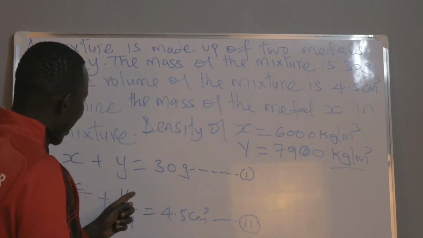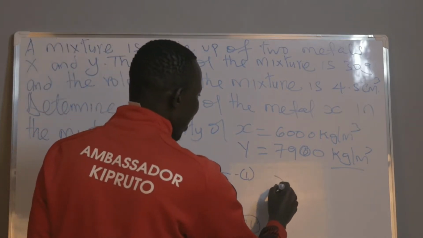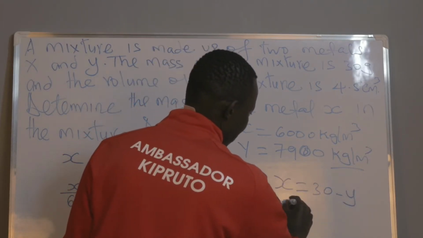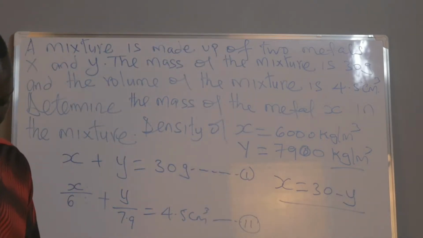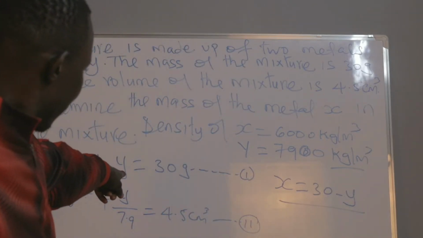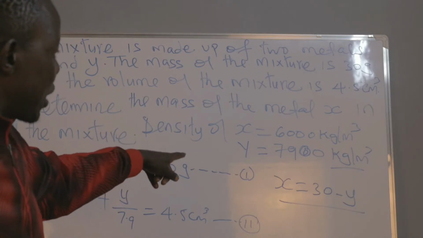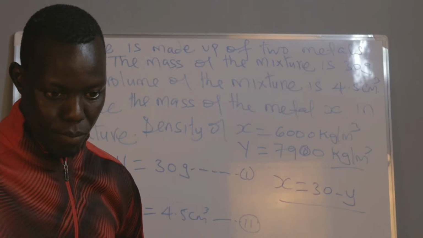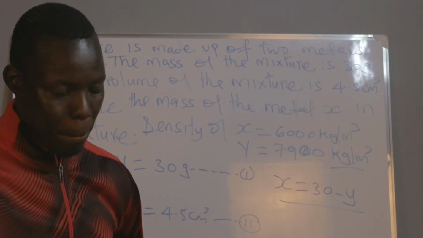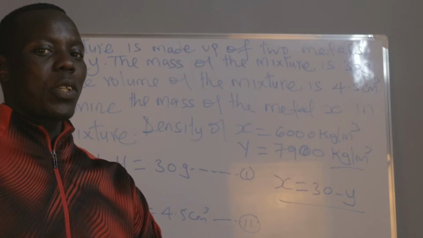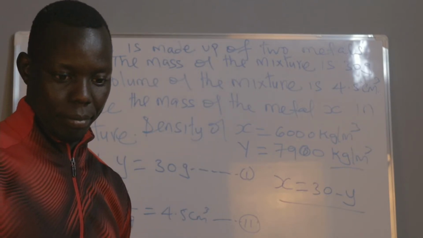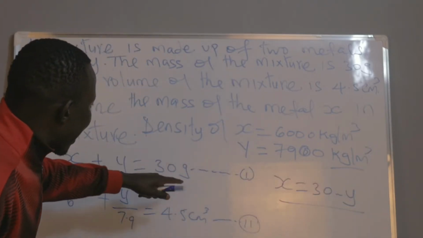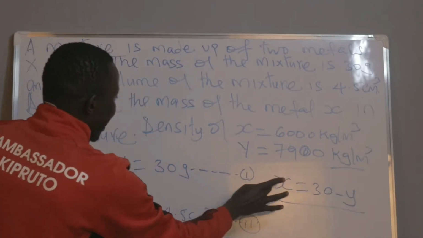If X plus Y is equal to 30, is it correct to say X is equal to 30 minus Y? Yes. So X is equal to 30 minus Y, which I have taken from the first equation.